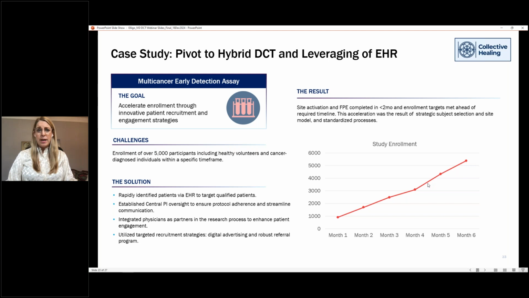Collectively, this resulted in substantiating the required enrollment and necessary data endpoints. Recruitment and retention strategies, particularly for IVD studies with those multiple collections, are essential, and we can move on to look at some considerations.